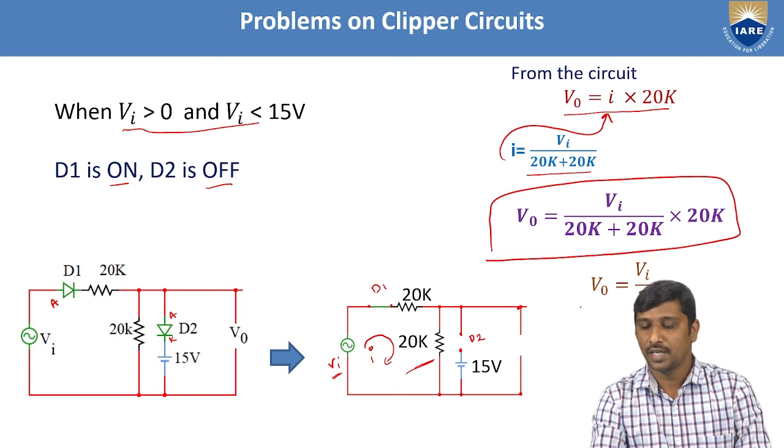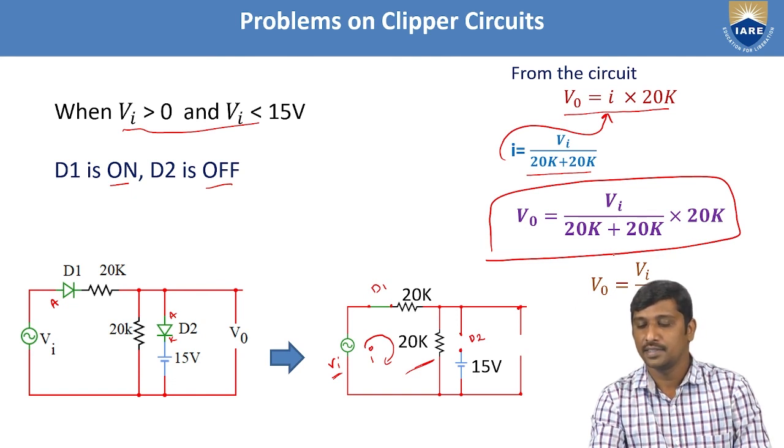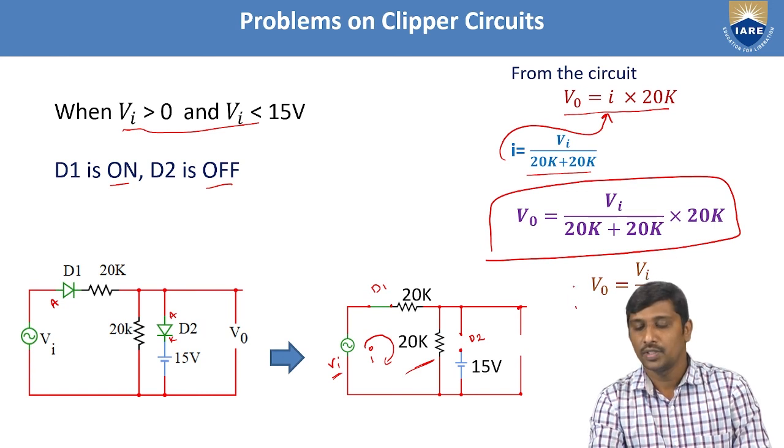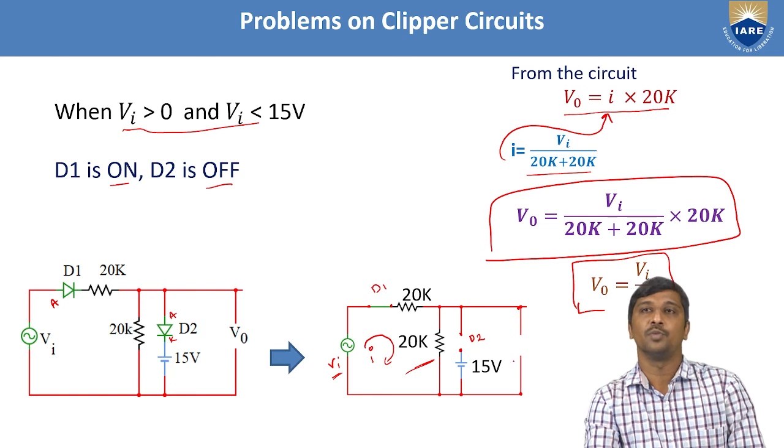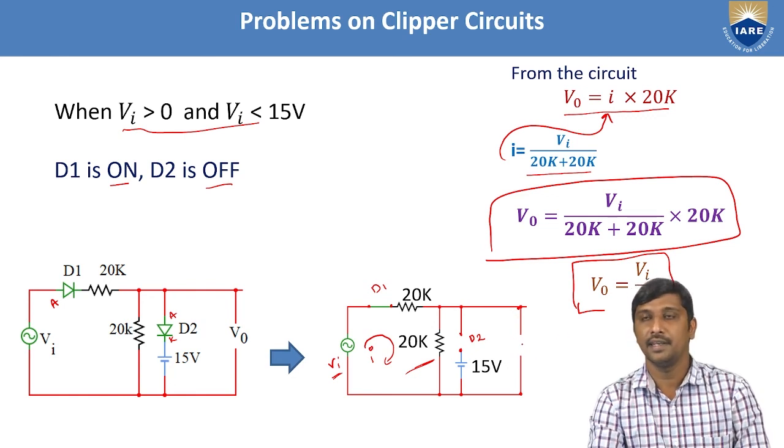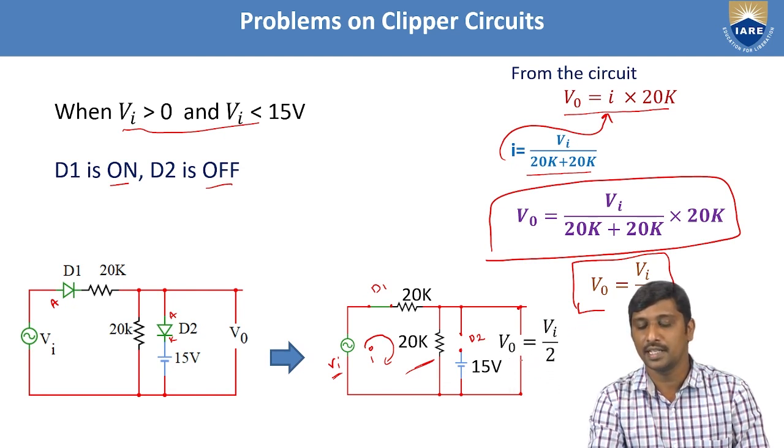Now let's see what happens. For simplification, 20k plus 20k is 40k, and now I can simplify this one. Now this output is one half of the given input voltage. Under this condition, the output voltage is half of the given input voltage, so V naught is half of the input voltage.